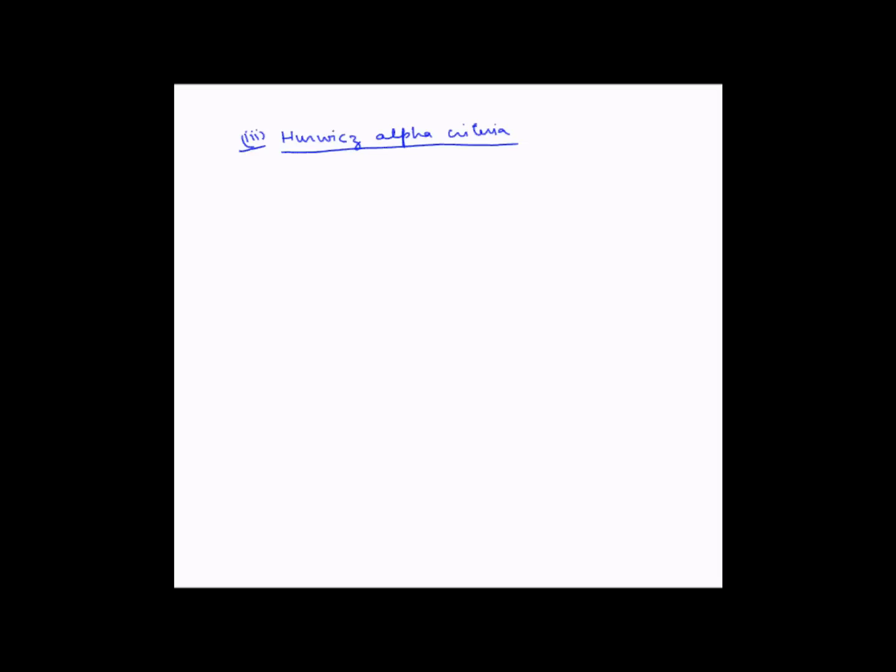So Hurwicz alpha criteria comes up with a midway approach by adding a coefficient of optimism called alpha. The value of alpha can be between 0 and 1, the value of 0 implies pessimism, while the value of 1 represents optimism.